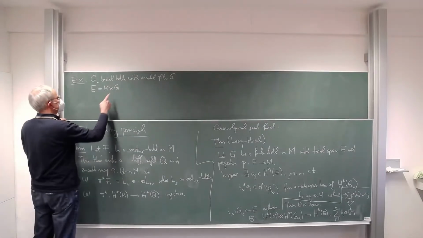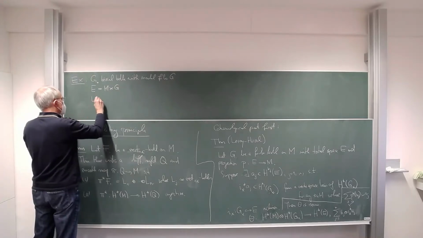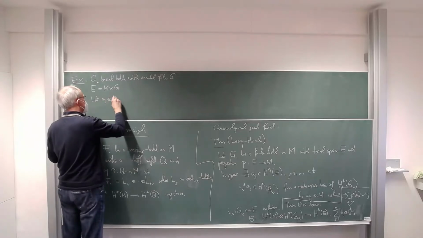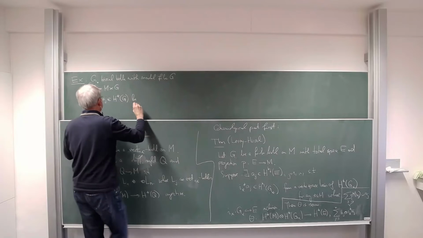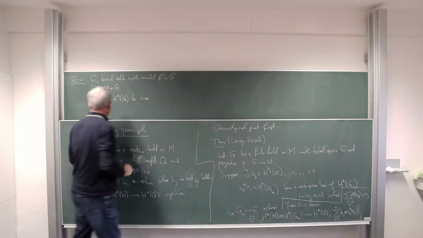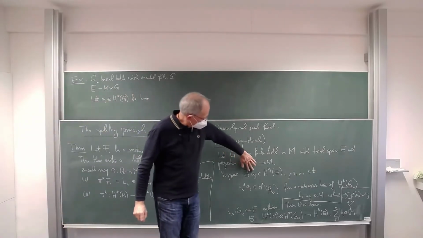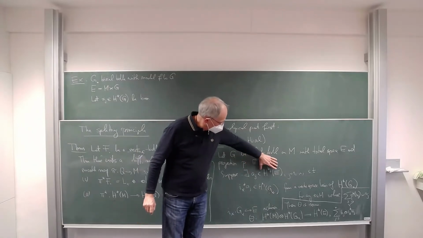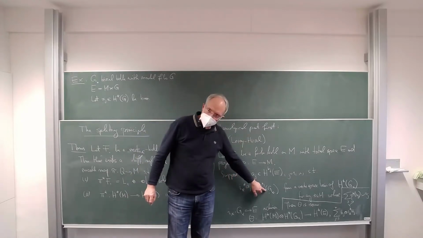Well, let's start with the homology of the model fiber. Let alpha j in the homology of the model fiber be a basis. Since I formulated the theorem this way, I assume that these are finitely many, so I assume that the total homology of the fiber is finite dimensional.